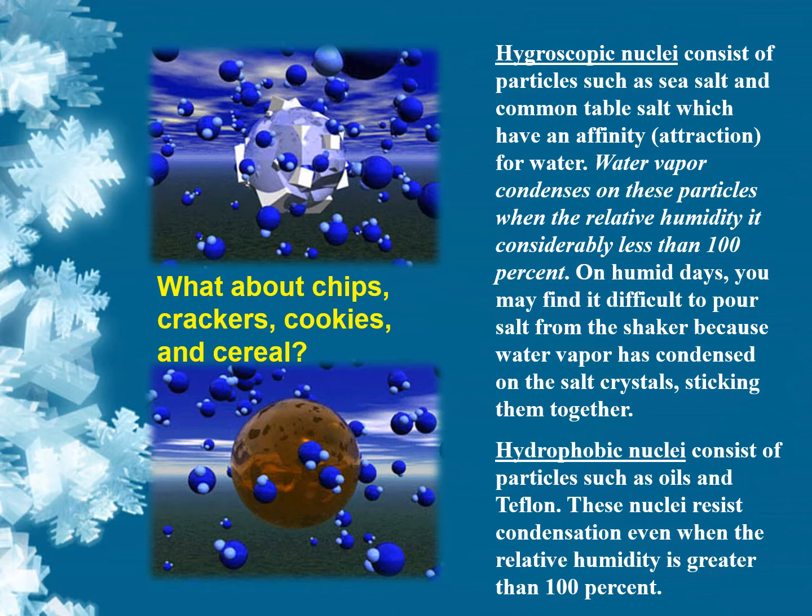These type of nuclei resist condensation even when the relative humidity is 100% or greater. So this would include things like Teflon, nonstick material for frying pans. It will also include oil. By the way, I'm pretty sure that Teflon is no longer considered safe to have on any item in your kitchen, so throw it out. Don't give it to Goodwill.